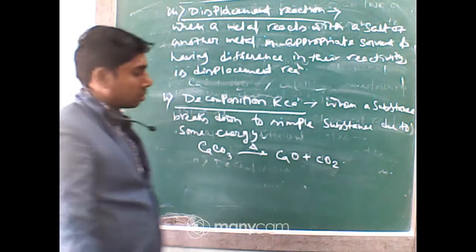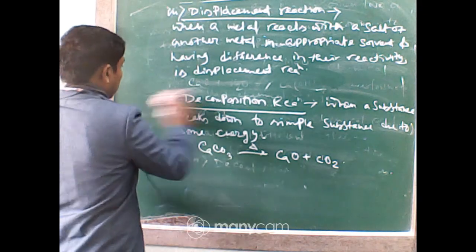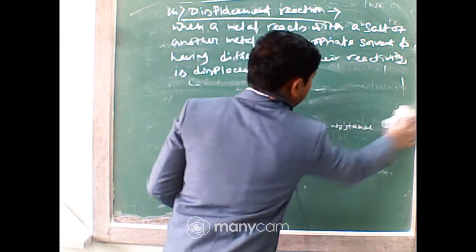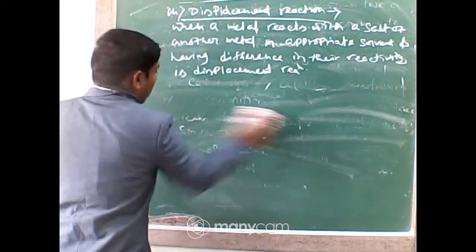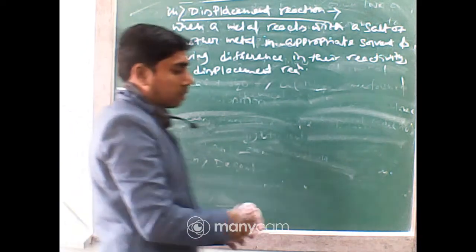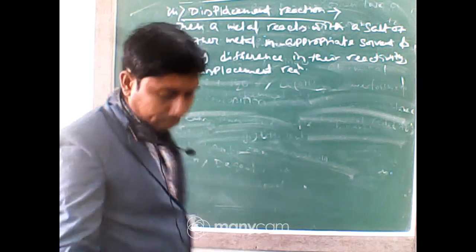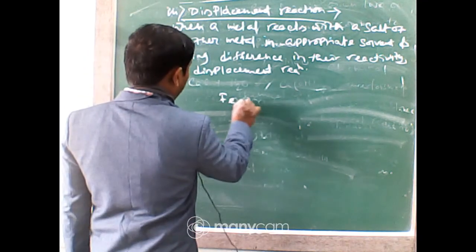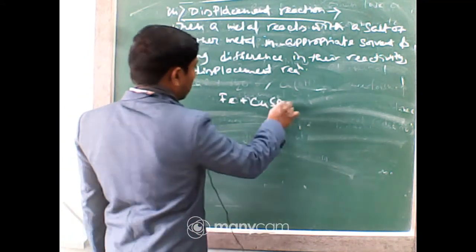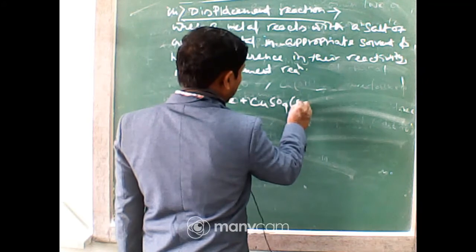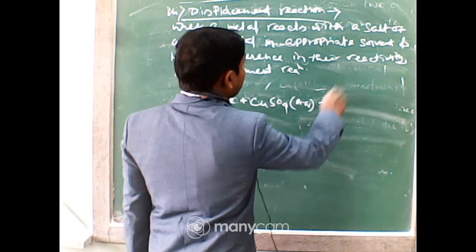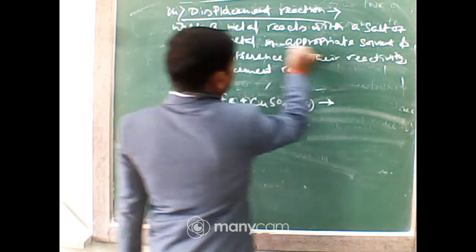Now just the example given, that is iron and copper sulfate. This is one of the displacement reactions where the iron will displace copper from the solution. Iron plus copper sulfate, this is in solution, that is aqueous, that is the appropriate solvent part.